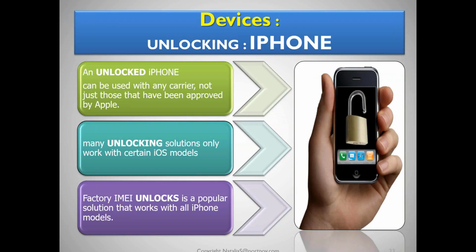Give them a call and have your IMEI number ready. You can find this IMEI number in your settings or by connecting your device to iTunes. Also, there are special SIM unlocks that work with many iPhone models, and you can order the SIMs online. Just make sure that you buy it from a reputable provider.